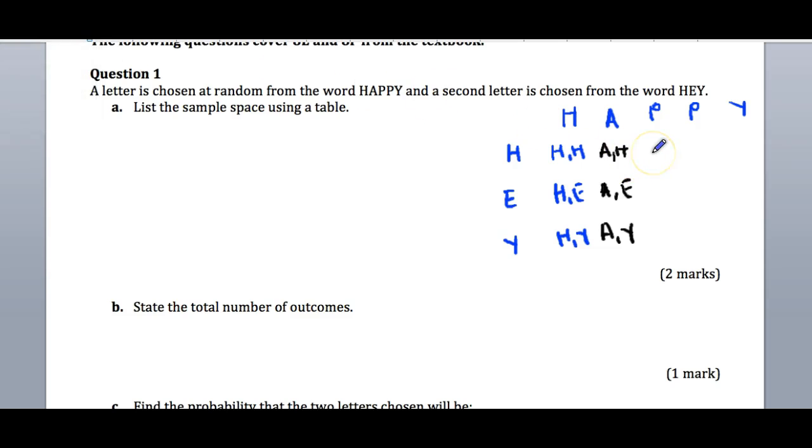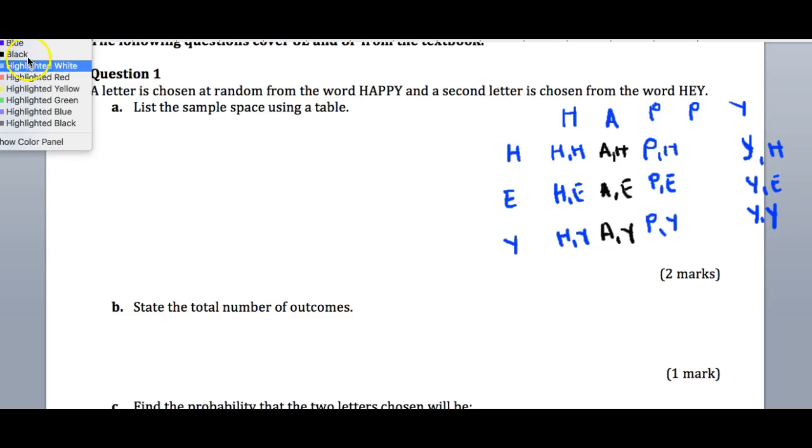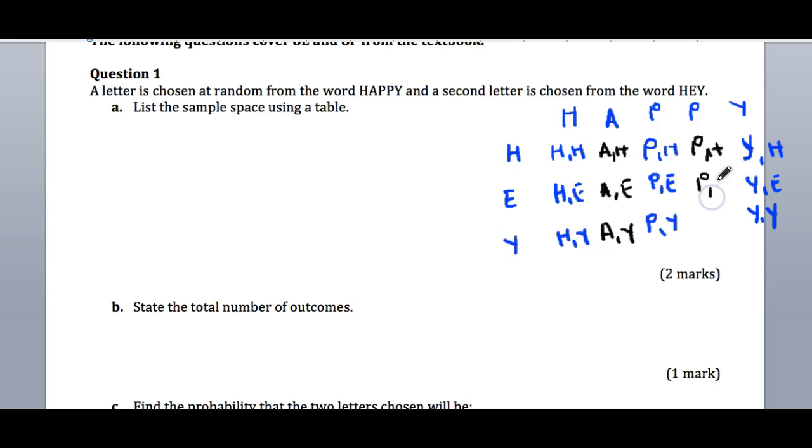Then for P, PH, PE, PY, and I might just do Y while I'm here. YE, YY. And let's do the second P, PH, PE, and PY.